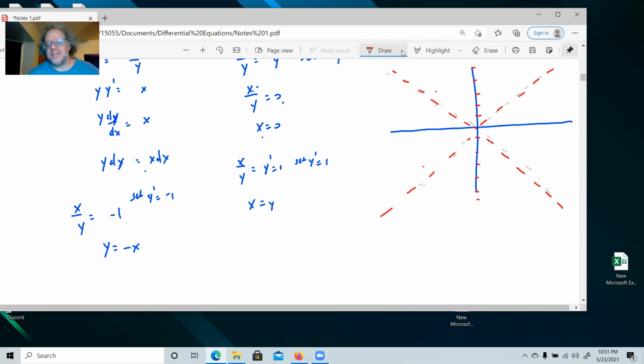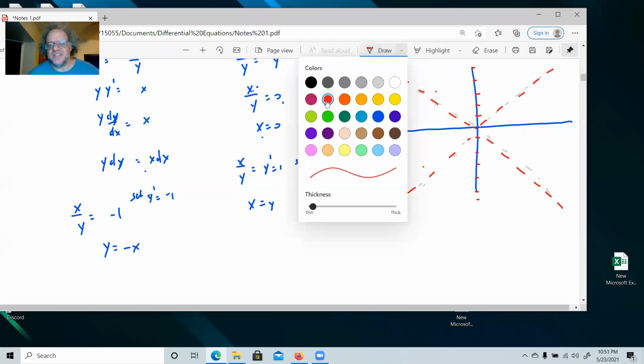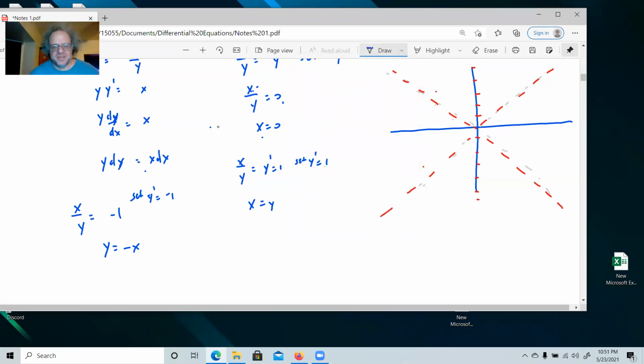What about 2? What if we just change this a little bit? This is x over y is equal to y prime, which is equal to 2. Then I've got x is equal to 2y, or y is equal to half x.